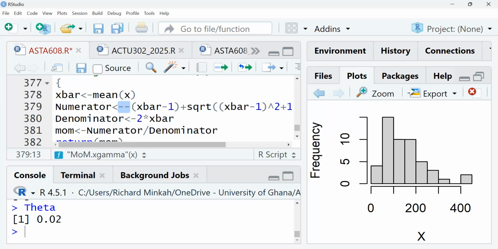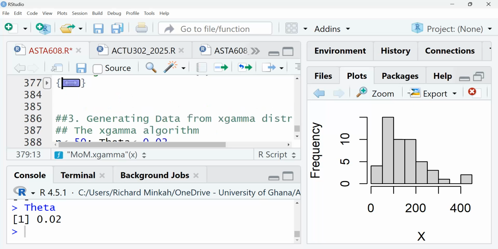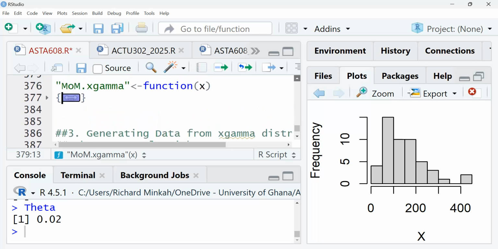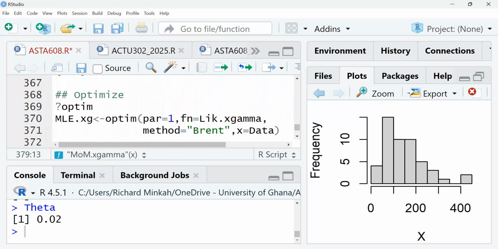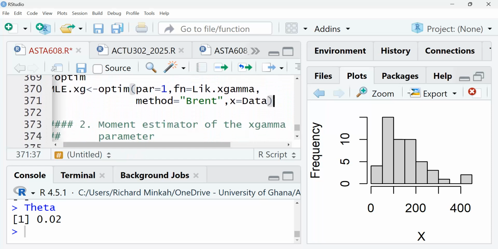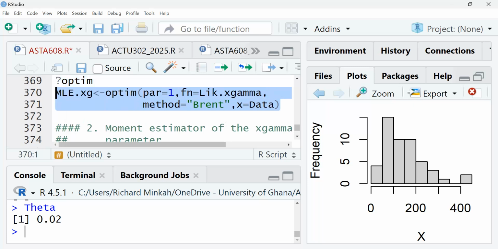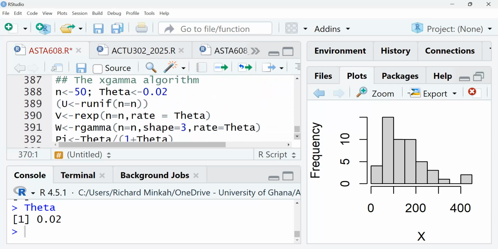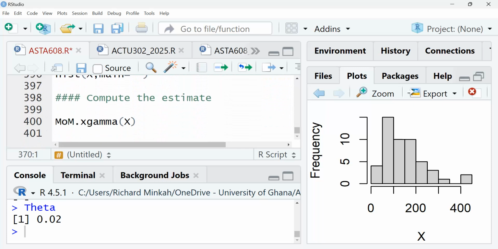Okay, so at least now we know that the moment estimator works, right? Let's check the maximum likelihood. So how do we check the maximum likelihood? We have to go and copy the optim, this one. And then we come down here and say, so this is the moment estimator.